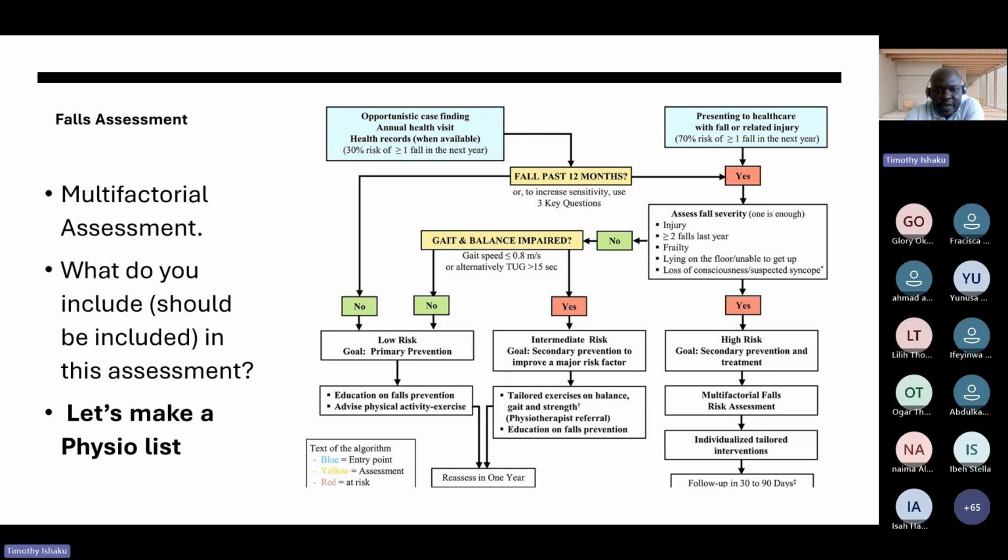And the goal is still secondary prevention and to improve on the risk factors, okay? And I will skip the last parts for the intervention.